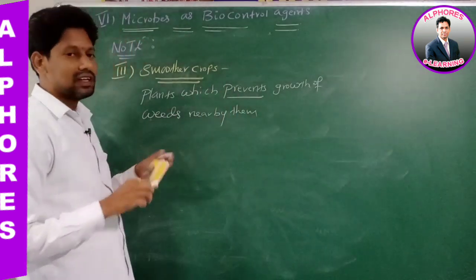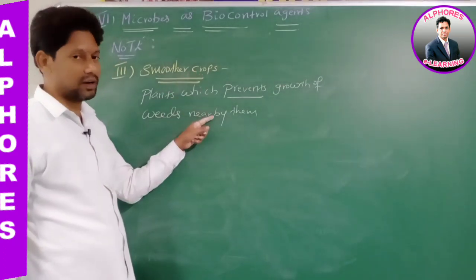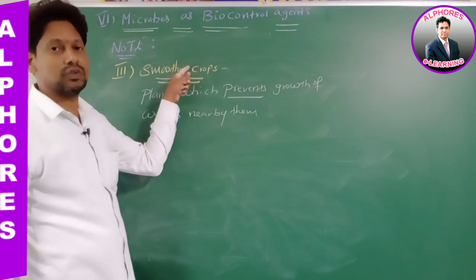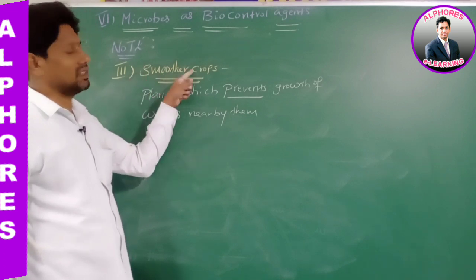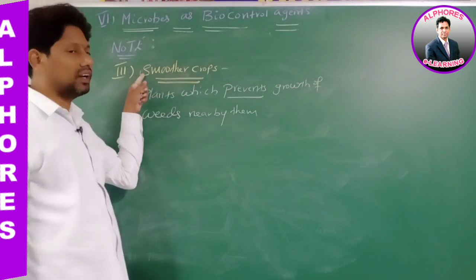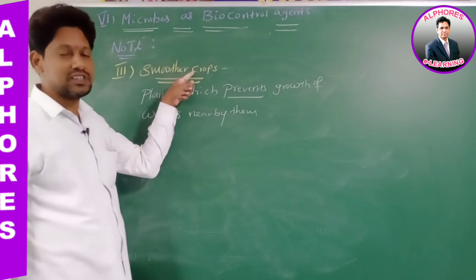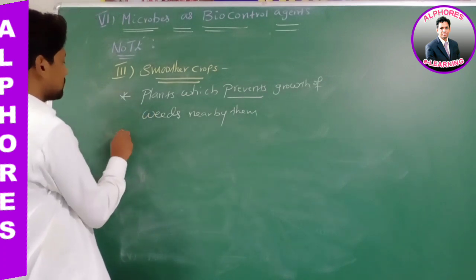How do they do it? They secrete a chemical. Smother crops secrete chemicals which prevent the growth of weeds nearby them. Is it okay?